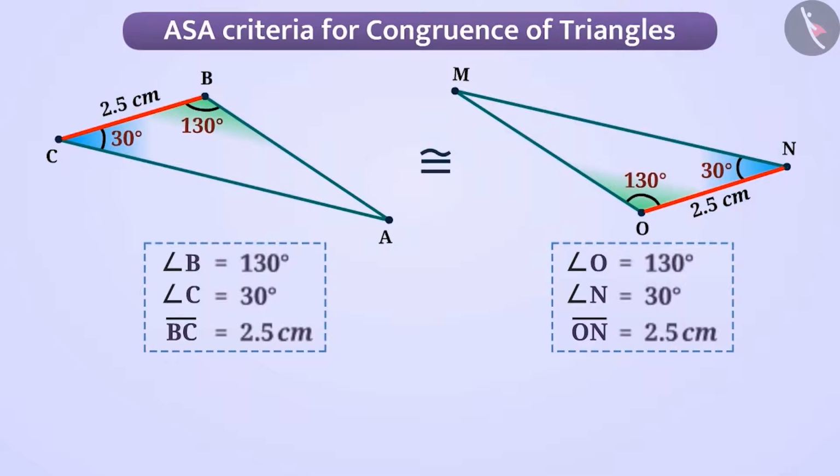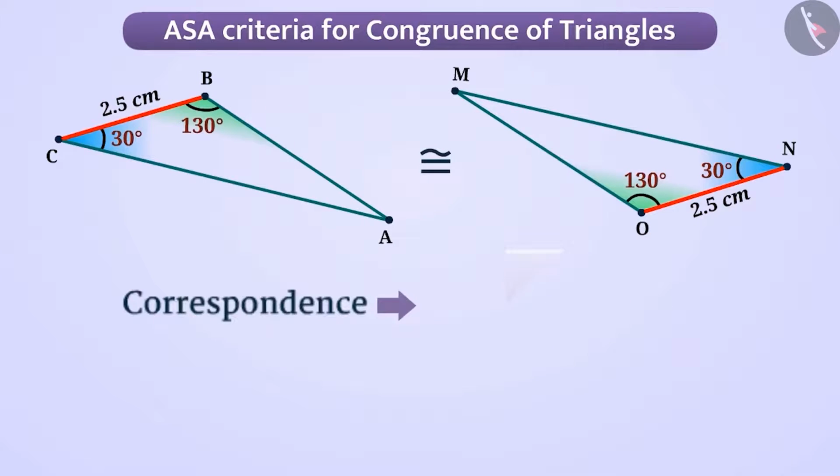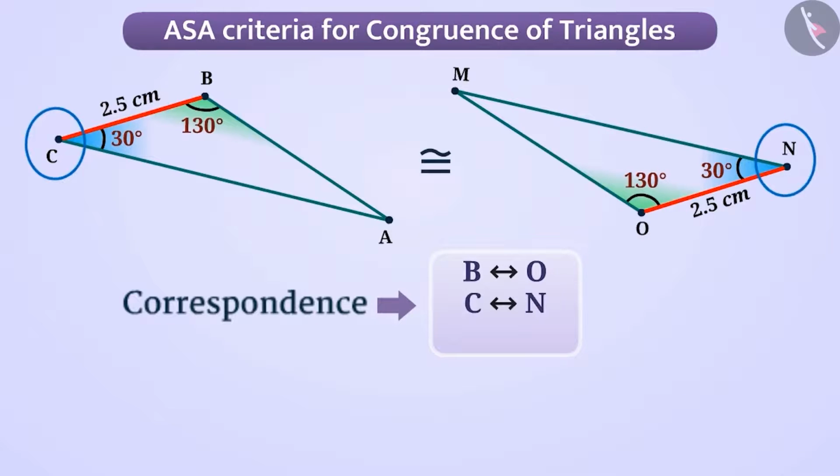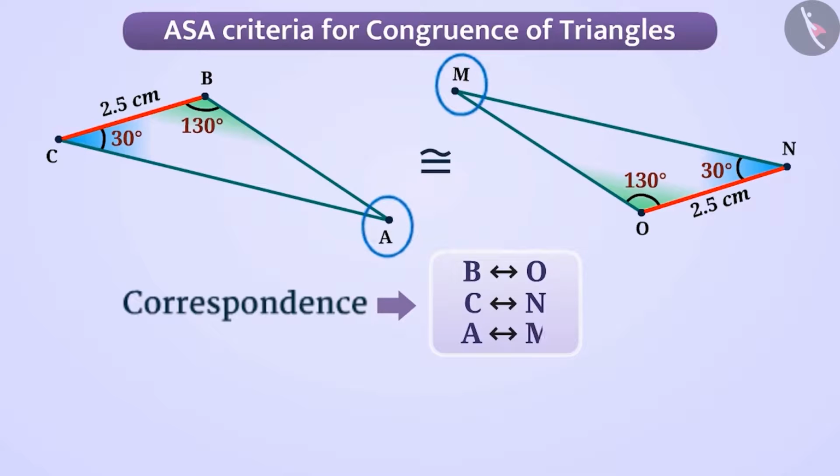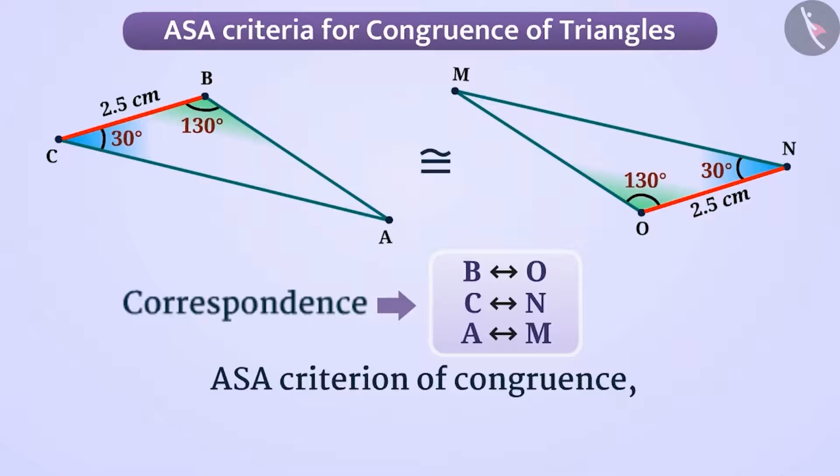Here, we can show the correspondence in this way. B corresponds to O, C corresponds to N, A corresponds to M. We can write the congruence relation in symbolic form as triangle BCA is congruent to triangle ONM.